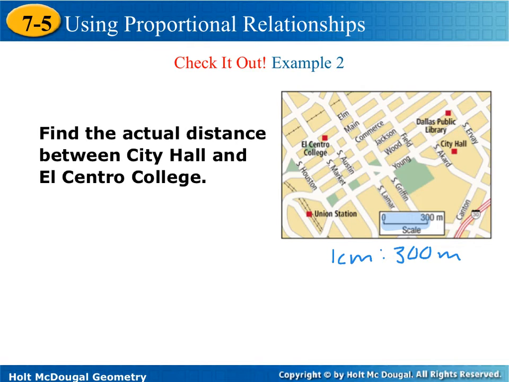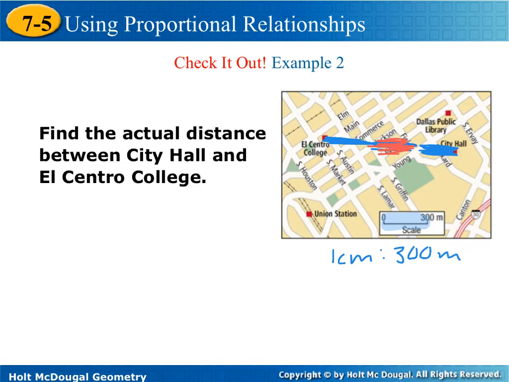How many centimeters on this map do you think it takes to go from El Centro College to City Hall? Approximately. It's about 3 centimeters on our map, right? Yeah. So we're just taking this scale and seeing how many times it takes us to get to City Hall.